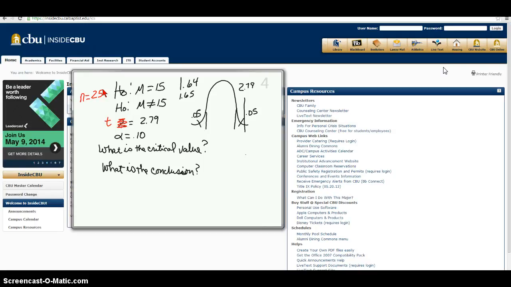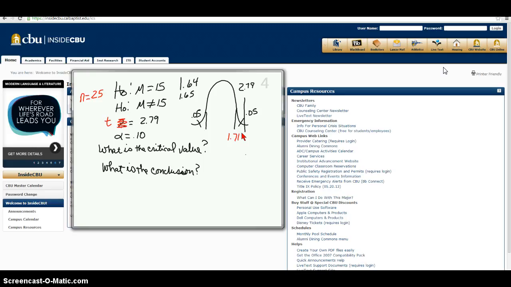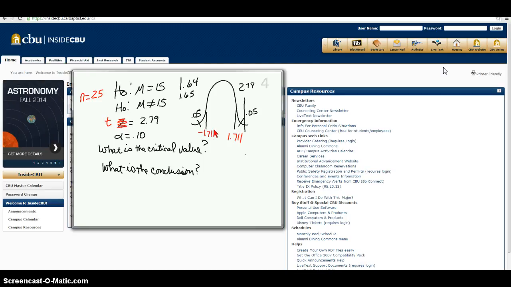Perfect. 1.711 and minus 1.711. Right? Any questions on that?